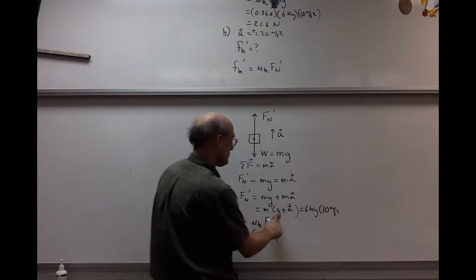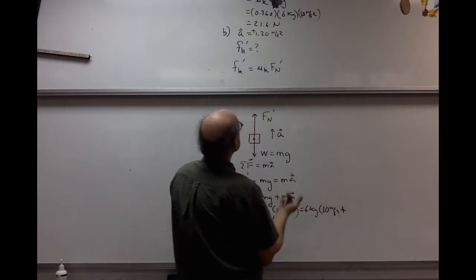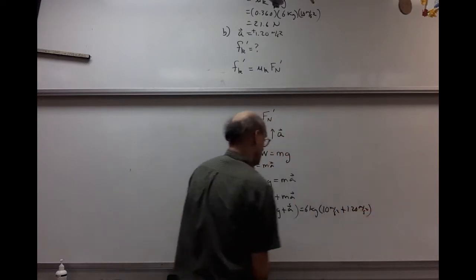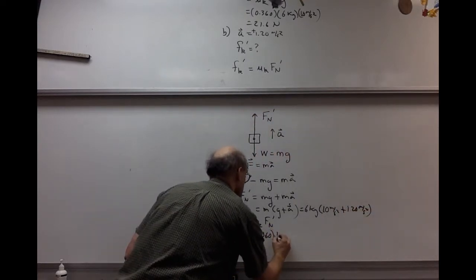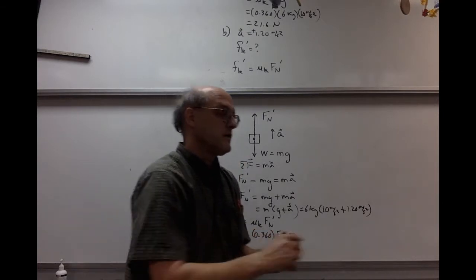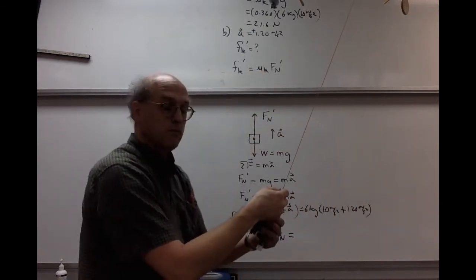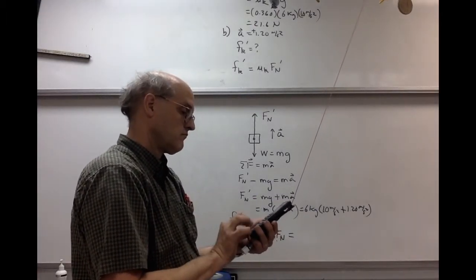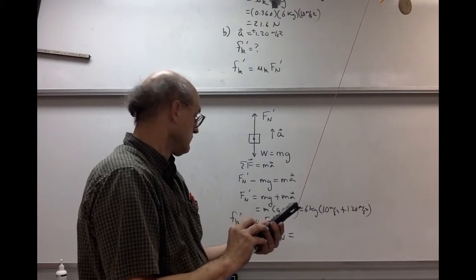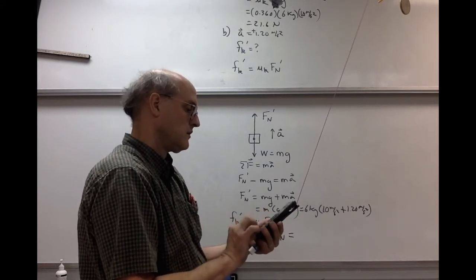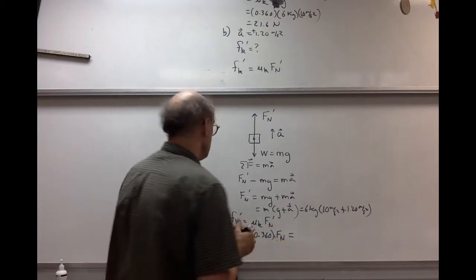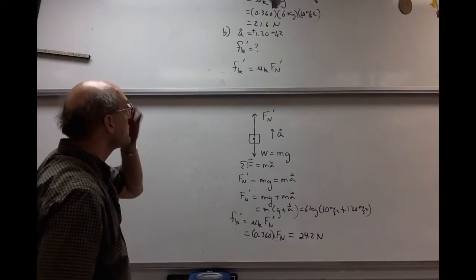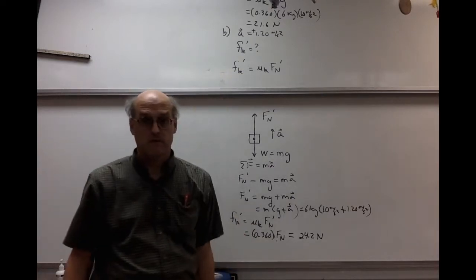Notice it's just the magnitude. And then plus the acceleration with direction, 1.20 meters per second squared. Okay, so that goes here. So let's see what we get. Let me figure this out, and then I'll multiply it by 0.360. So I'm getting 24.2 newtons, which you notice is more than it was previously.